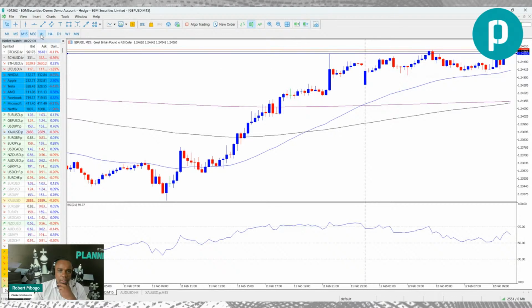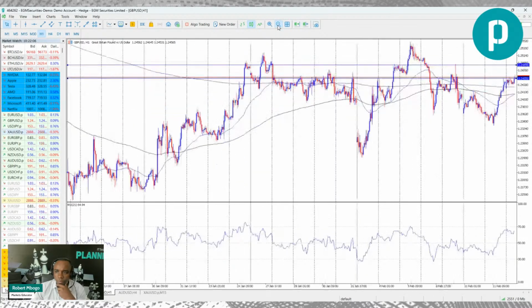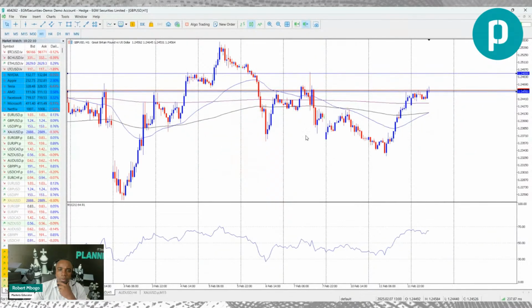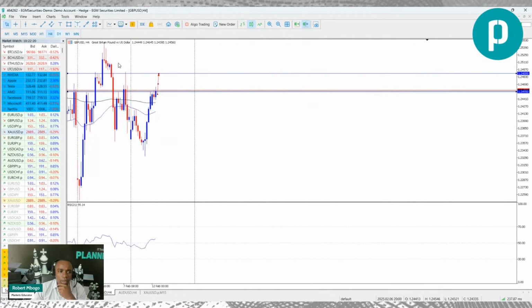So I'll still be bullish on GU to this high. Maybe when we get to this high is when I can look for short opportunities on GU.